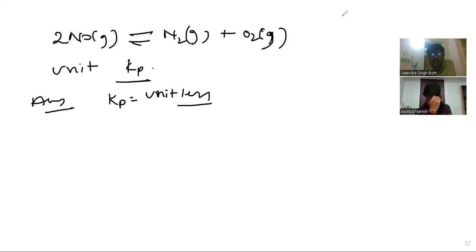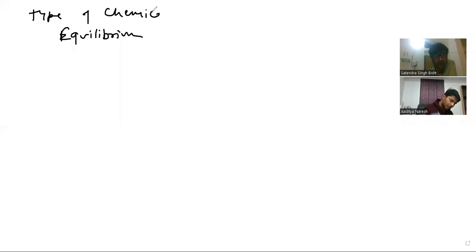And the third one is types of equilibrium. Chemical equilibrium is generally of two types: first is homogeneous and second is heterogeneous.